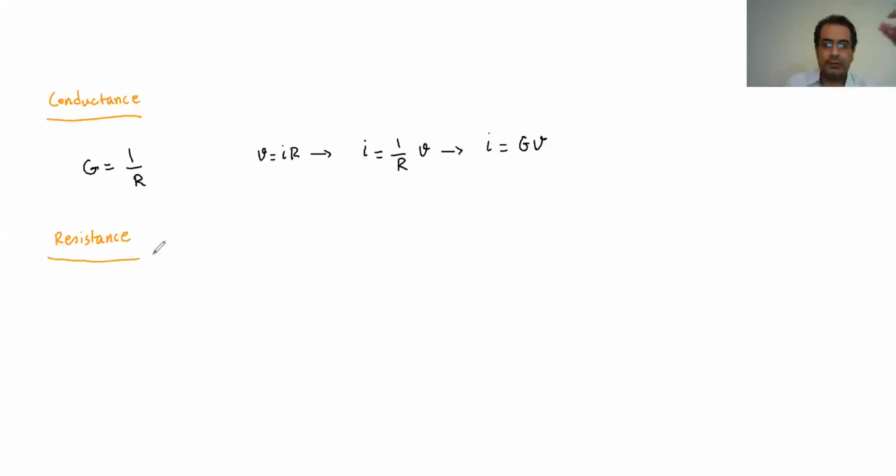So the resistance of the wire, R, physically is going to be rho L divided by A. If you have a piece of wire like that, it has a cross section of A, and it has a length of L.